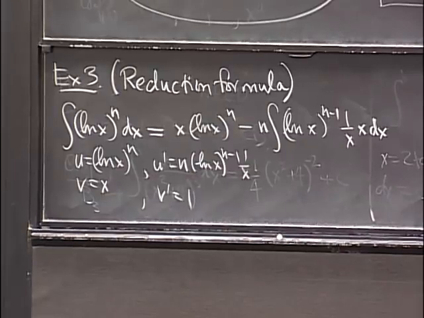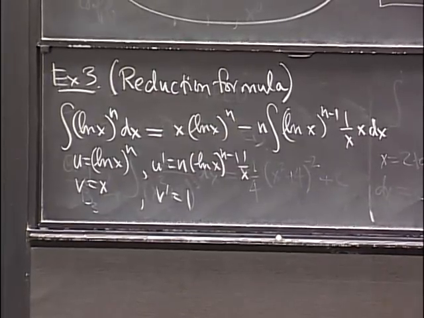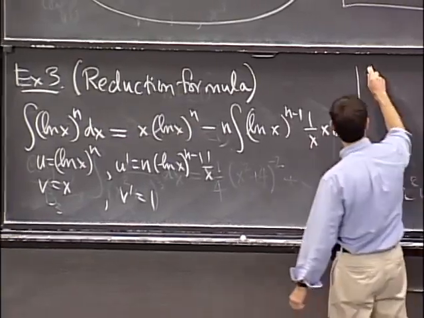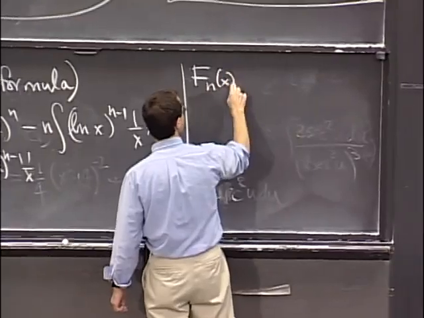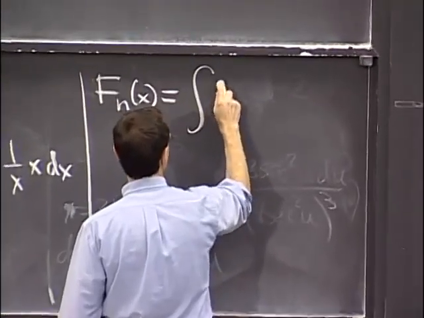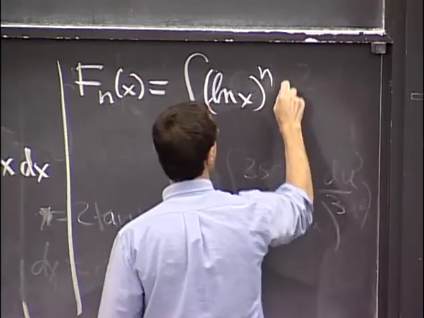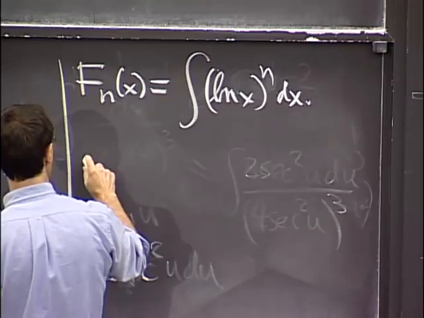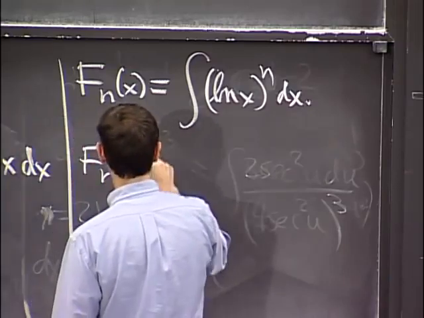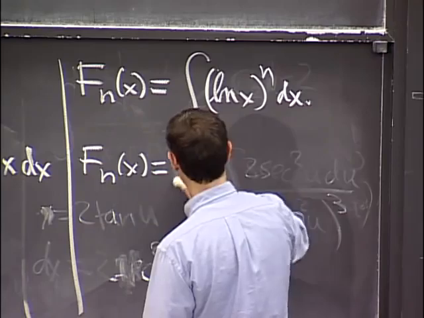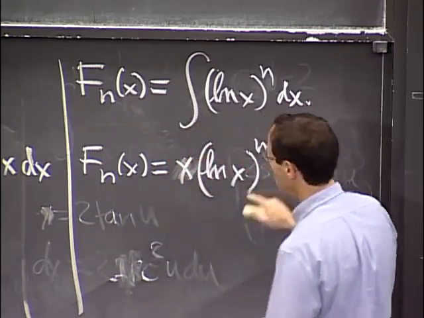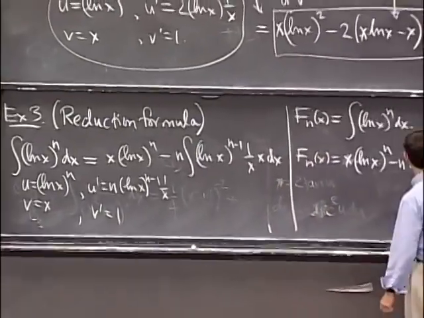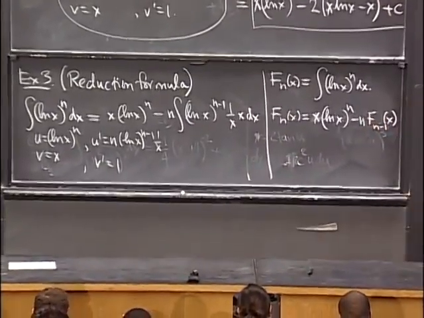So I'm going to explain this also abstractly a little bit, just to show you what's happening here. If you use the notation f_n of x is the integral of (log x) to the nth power dx, and we're going to forget the constant here, then the relationship that we have here is that f_n of x is equal to x (log x) to the n, that's the first term over here, minus n times the preceding one, this one here.